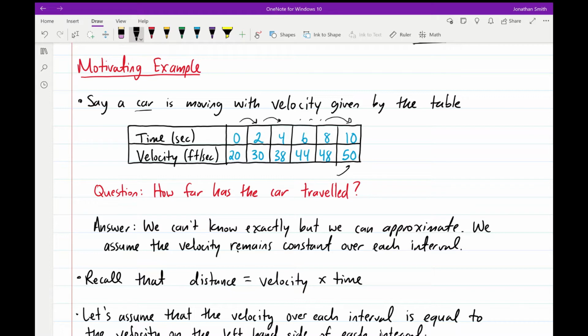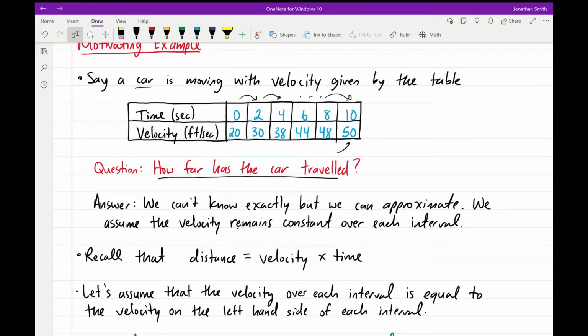The question we want to ask using this table is, can we determine how far the car has traveled? This table is only giving us information about the velocity, or the rate of change, of the car. But it's interesting to ask, is the rate of change sufficient to tell us exactly how much distance the car is actually covering?